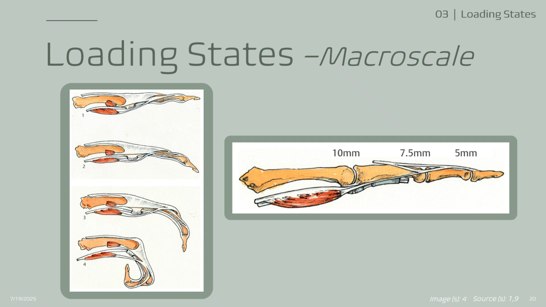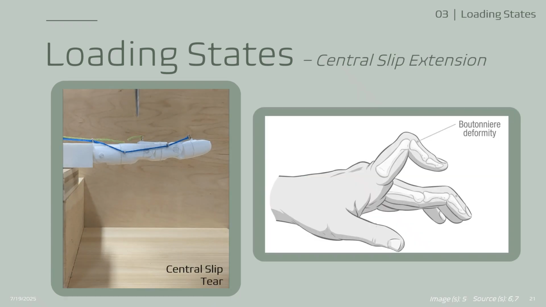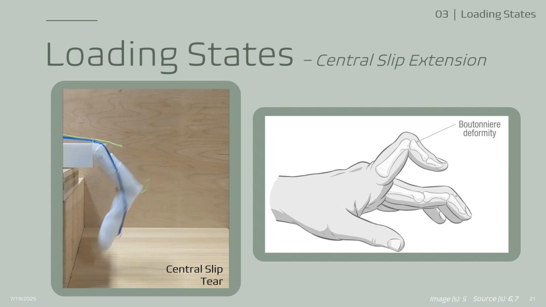If we were to lose a component of the extensor tendon, we would lose that connection to our moment arms. If we lost the connection between the central slip and the middle phalange, we lose control over the extension of the PIP.